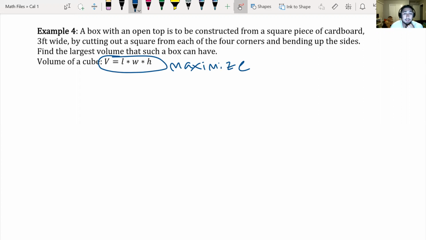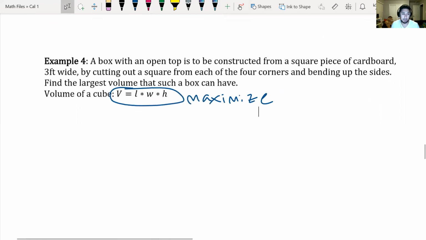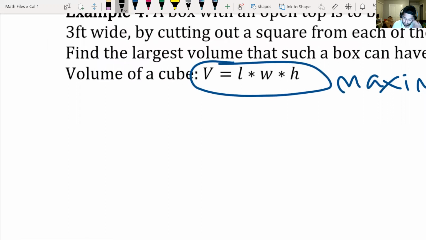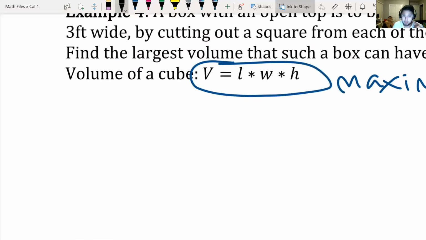Okay, so this one I think we need a diagram for. So first we know that our square piece of cardboard is 3 feet wide. So that's what I'll start with. Let's see. Ink to shape. There we go.